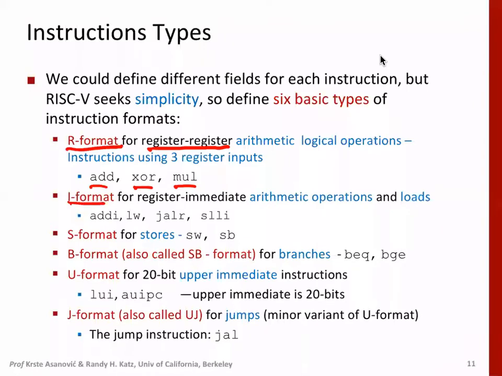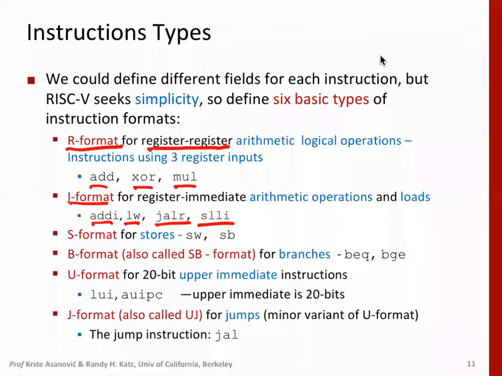And then we have the I format, which we have already seen, where one field holds a constant value, such that the instruction becomes simple. If we want to load a constant into a register, we can do it by an I kind of instruction, where one field gives the constant value, like add immediate. Even load word has a constant, because the offset is a constant here. So the I format will have addi, load word, JALR, SLLI.